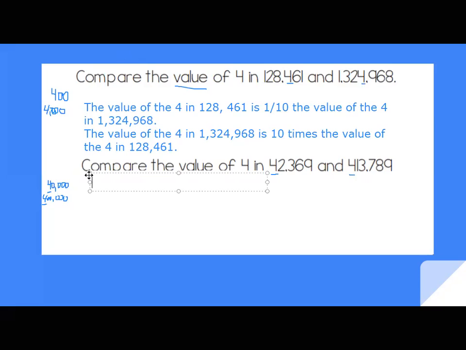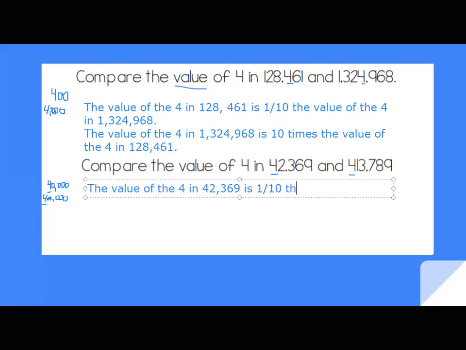So again, we could compare it two different ways. We could first say that the value of the 4 in 42,369 is 1/10 the value of the 4 in 413,789.